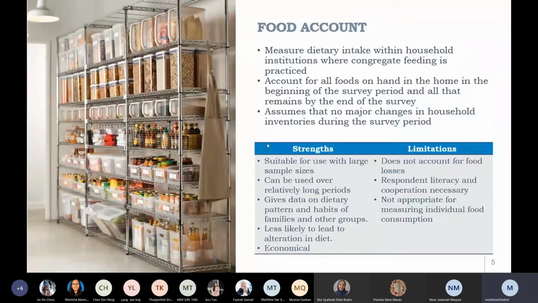The institution must give permission to conduct the study there, and the person managing the pantry or store should be recording all the movement of food from the pantry to the kitchen. And the final limitation is that it's not appropriate for measuring individual food consumption. Obviously, it's because we are only measuring at household level.